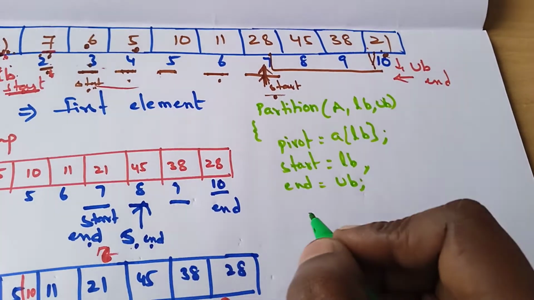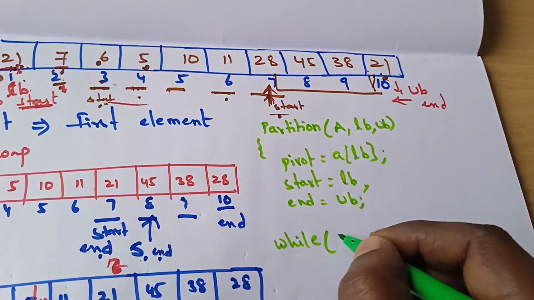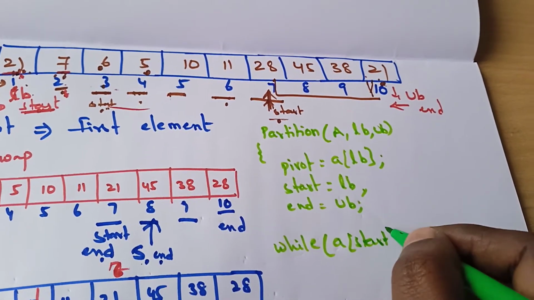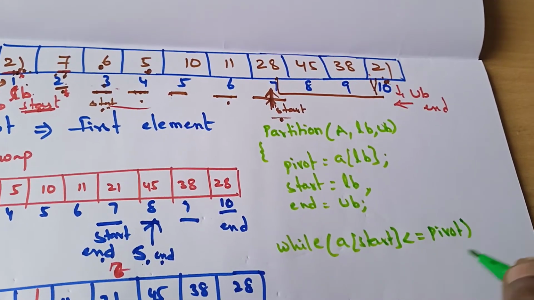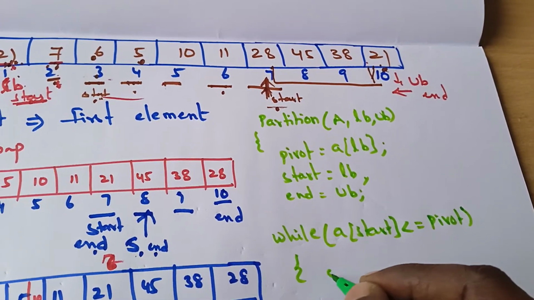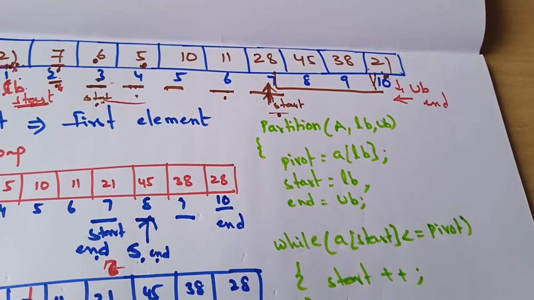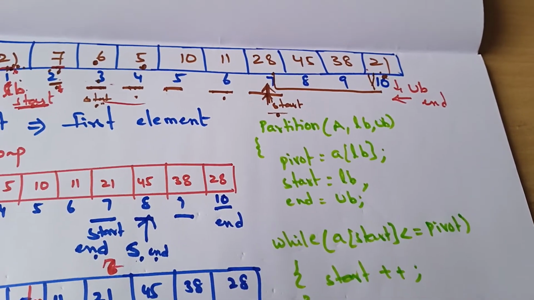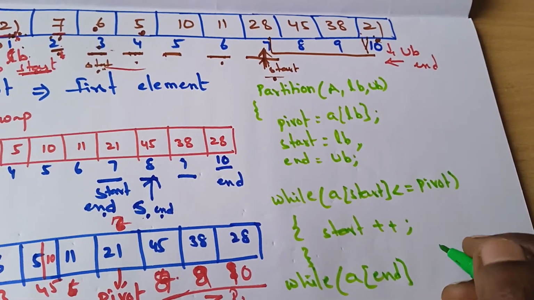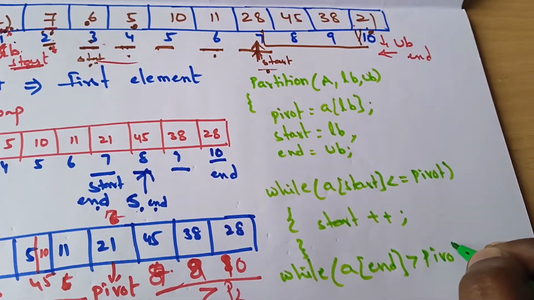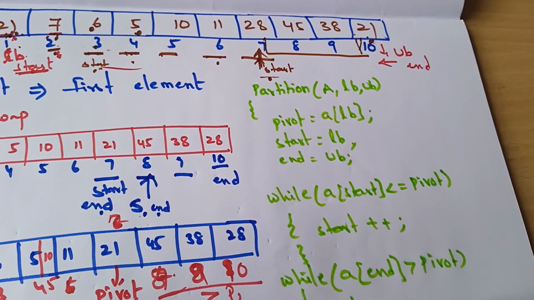Now my algorithm will work like this. While A of start is lesser or equal to the pivot element, then we'll increase the starting point, and while A of end is greater than the pivot element, then we'll decrease the end.